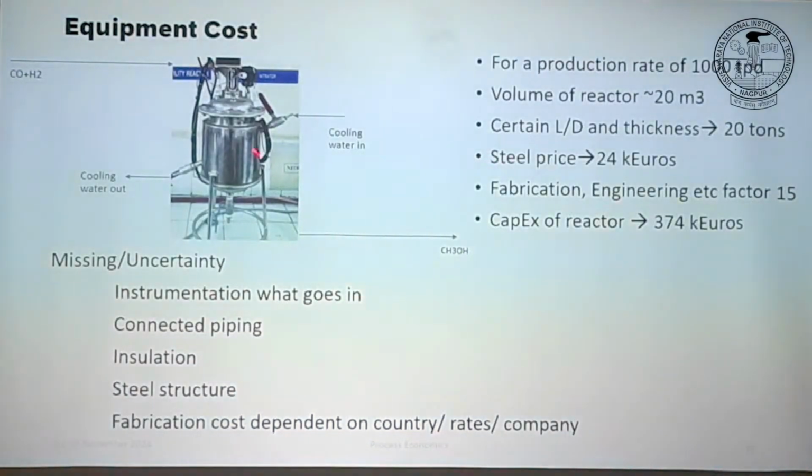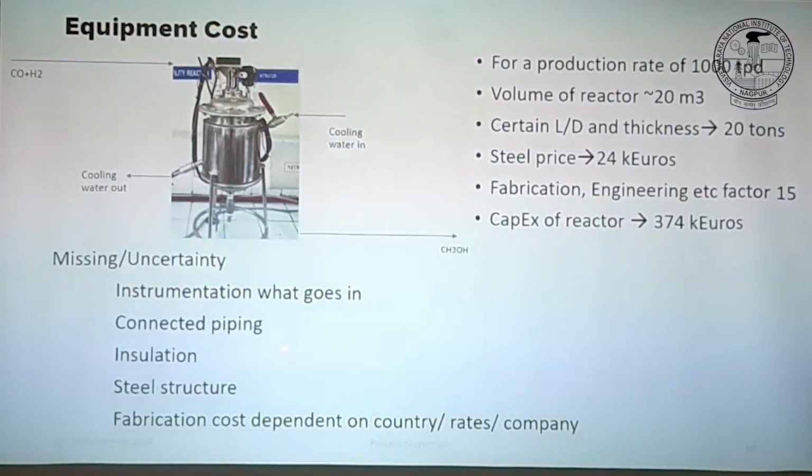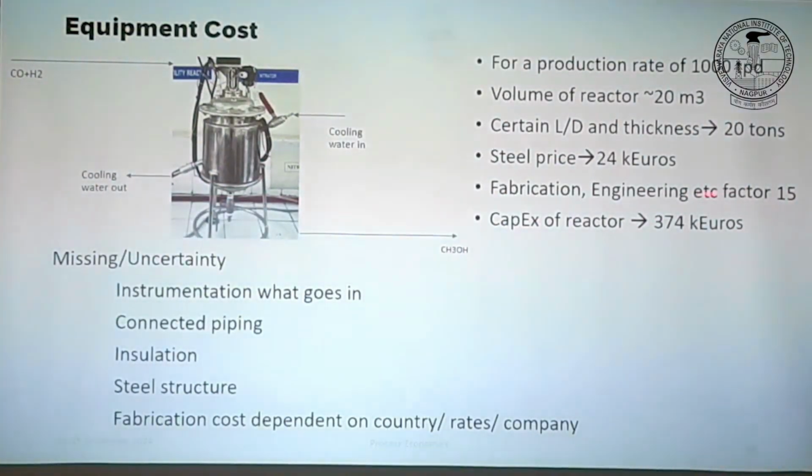You don't know yet how many nozzles you need, what the weight will be, how many legs or supports you need, all those details. But just by calculating the volume and the weight, you can apply a factor, for example 15, and that gives you 374,000 euros in this example, right?